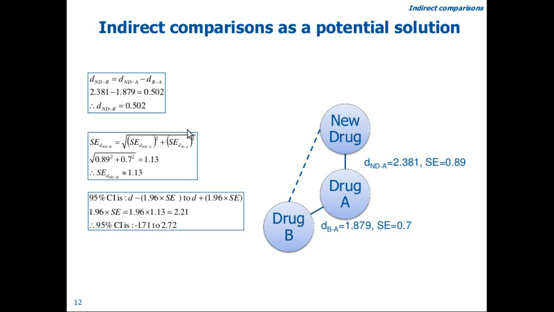So the point estimate that we've just calculated there, 0.502, is correct. That is a correct indirect estimate. However, like most point estimates, as you'll come to discover, it is essentially meaningless without some context. In this case, we certainly need a confidence interval, and to get a confidence interval, we need a standard error.